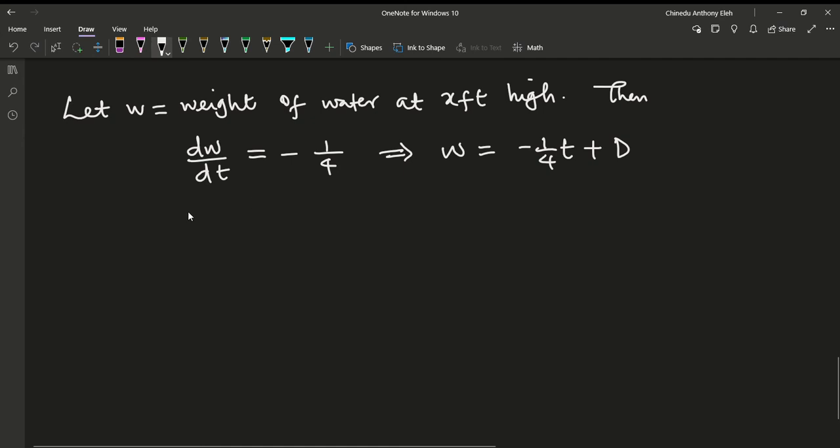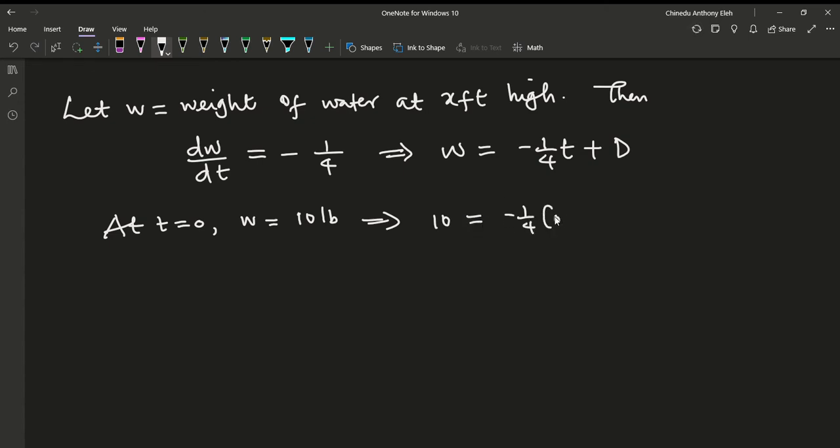So at time equals 0, the weight of water is 10 pounds. Plug this in, and we get 10 equals -1/4 times 0 plus d, and this guarantees that d is equal to 10. So the weight of water depends on time using this relationship, 10 minus 1/4 t.